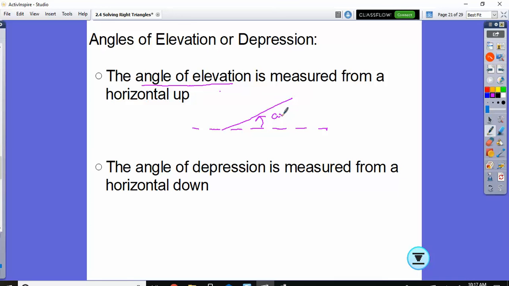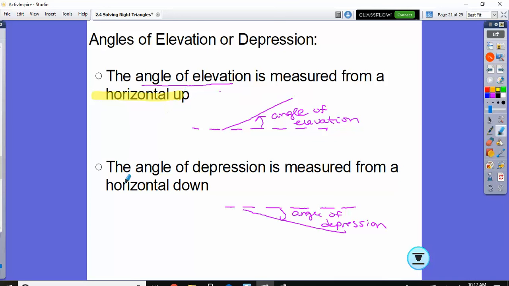That's your angle of elevation. An angle of depression is from the horizontal down. So elevation up, depression down. The key to this is both of them have to start at a horizontal line.